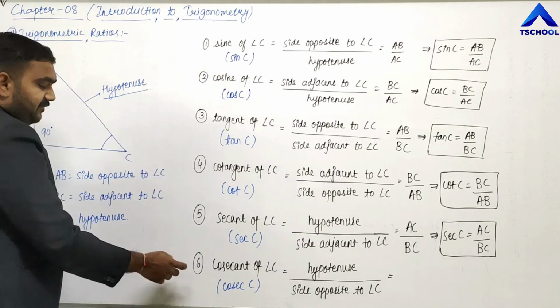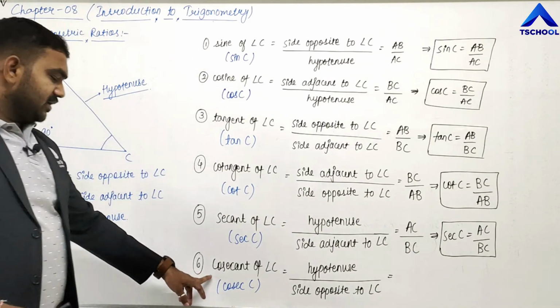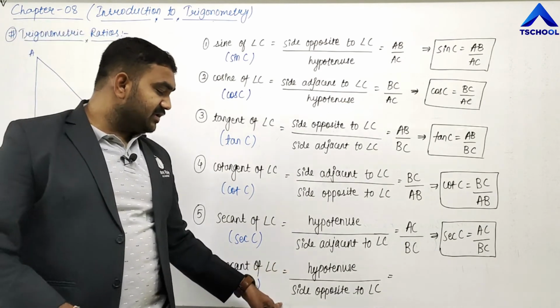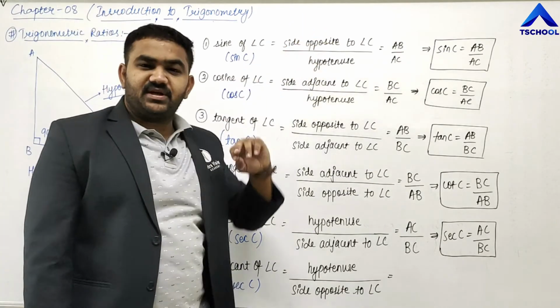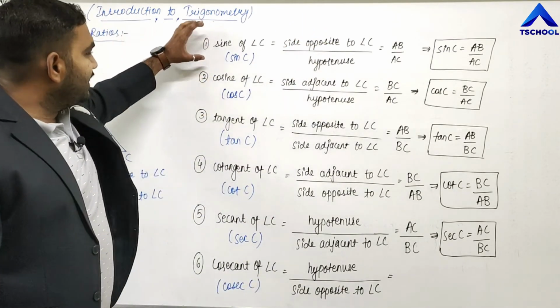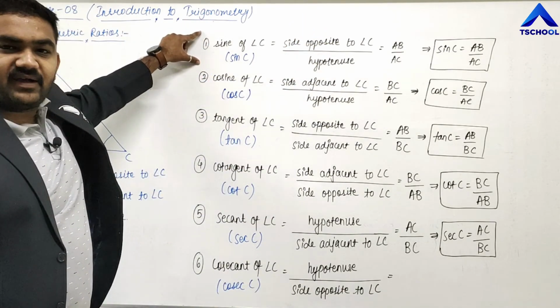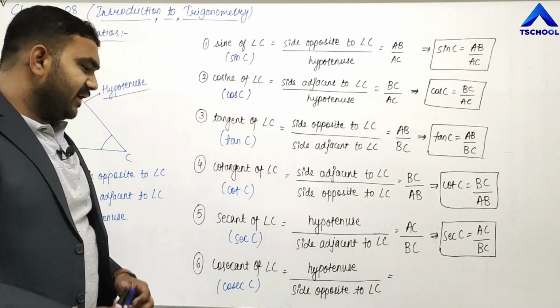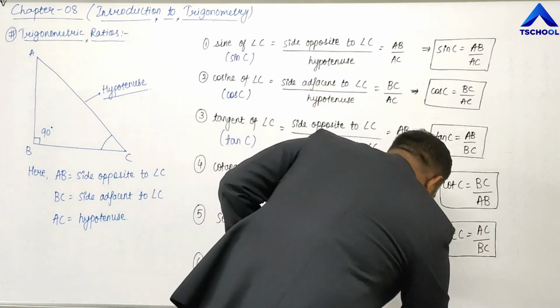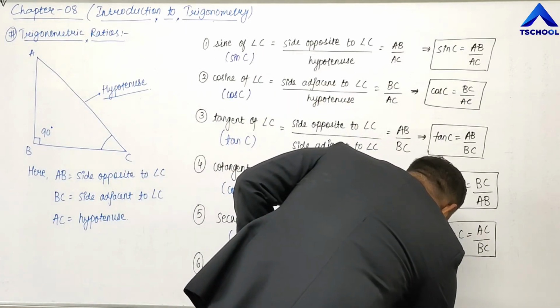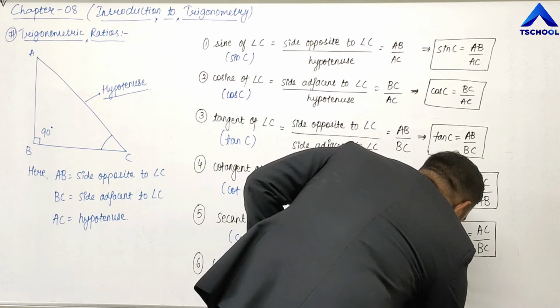And look at the first and the sixth one. Cosecant of angle C is hypotenuse upon side opposite to angle C. Sine of angle C is side opposite to angle C upon hypotenuse. So you can say that the first one, that is sine of angle C, and cosecant of angle C are both inverse of each other, and hence we get the ratio as AC upon AB.